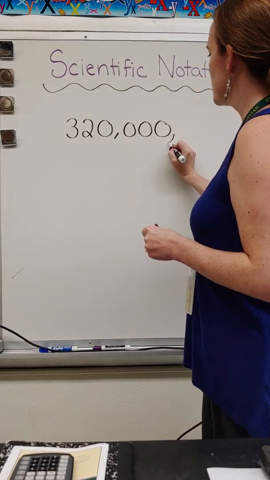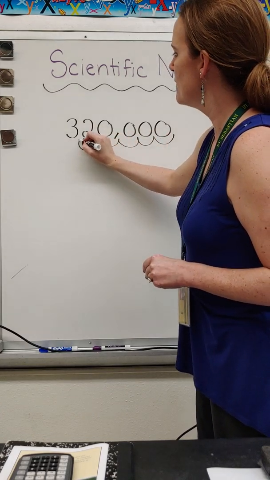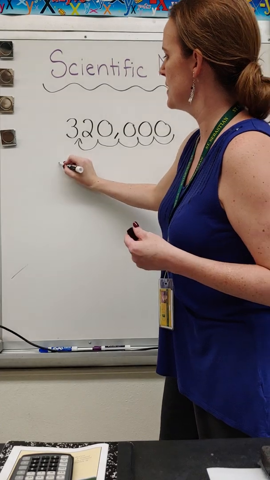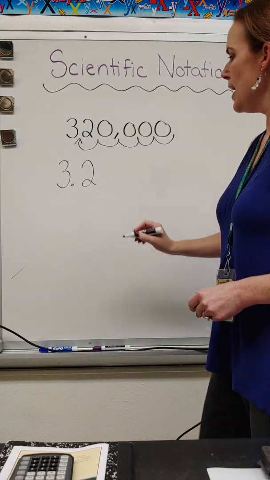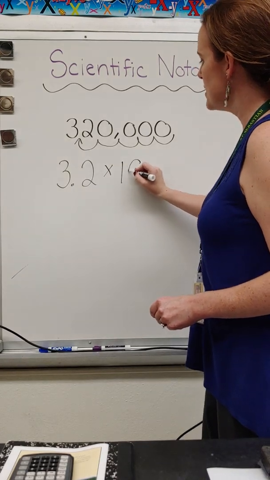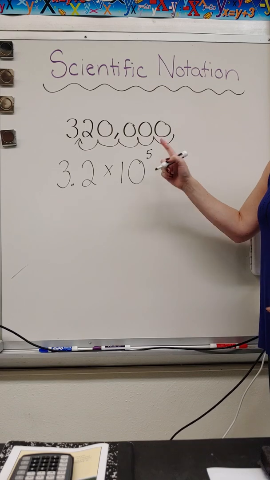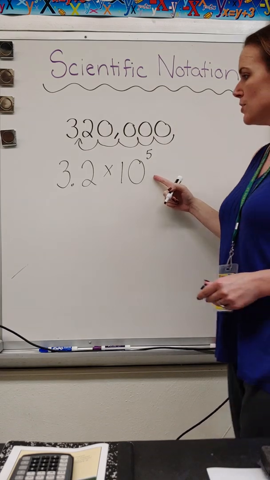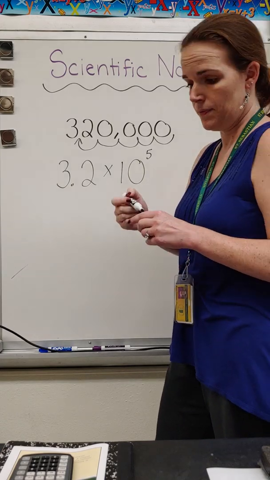So we're going to move this 1, 2, 3, 4, 5 spaces to make that original number 3.2. And then since we moved it 5 spaces, our exponent is a 5. So this number in scientific notation is 3.2 times 10 to the 5th.